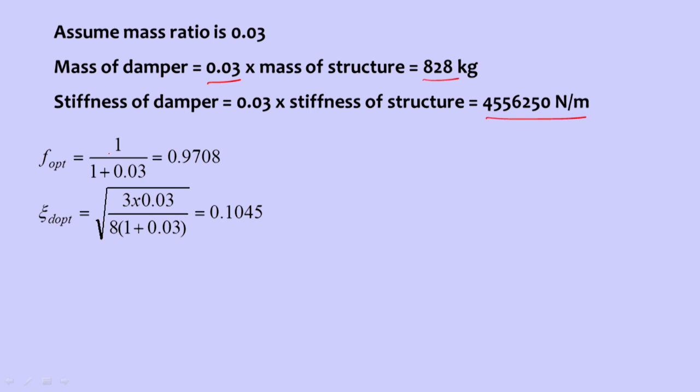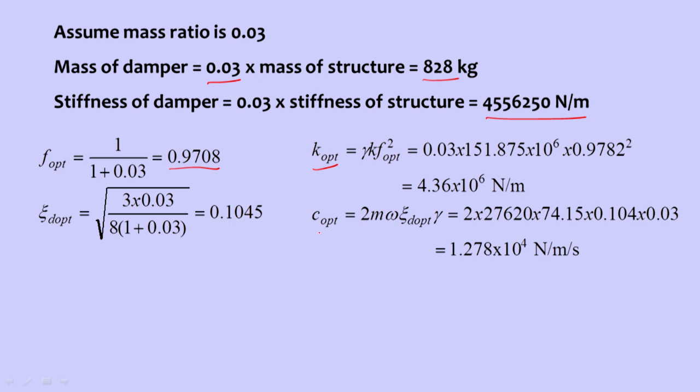So f optimum is 1 by 1 plus gamma, that is the mass ratio, so 0.978, and zeta d, the damper optimum damping value, is taken as say 0.1, so that will become 10% damping. If we calculate the stiffness optimum and damping optimum, we get these values, and when we adopt and apply them in the compound mass matrix and stiffness matrix, we get the final response as a reduced response.